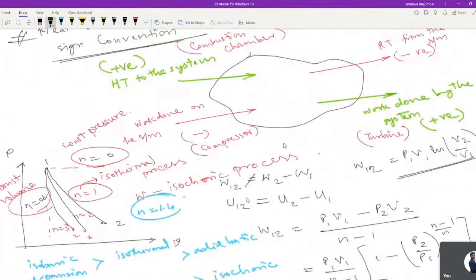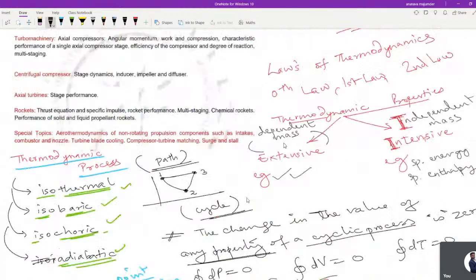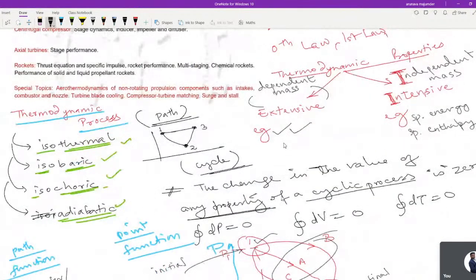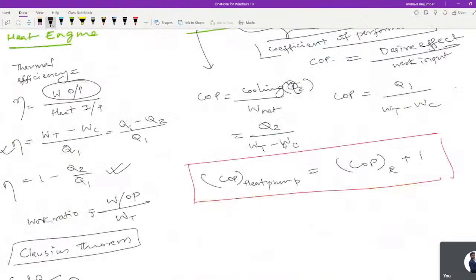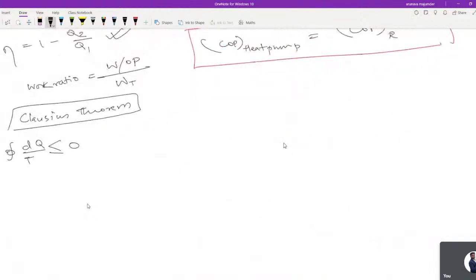The change in the value of any property over a cyclic process, whether it's entropy or a change in temperature, has to be zero. That is the relation with the Clausius law, whether it's reversible or irreversible conditions. So you have to remember that.